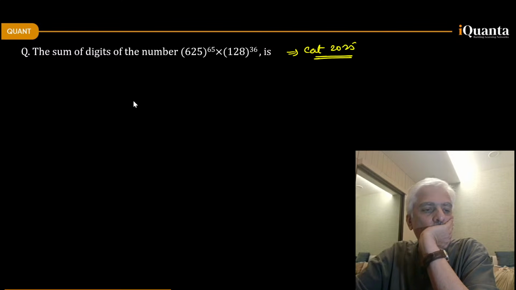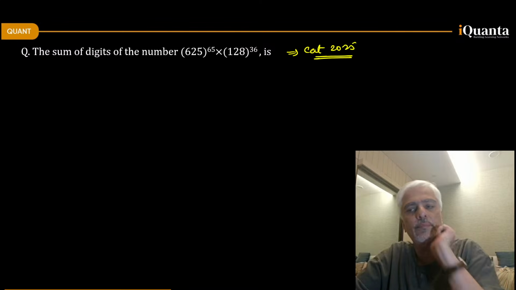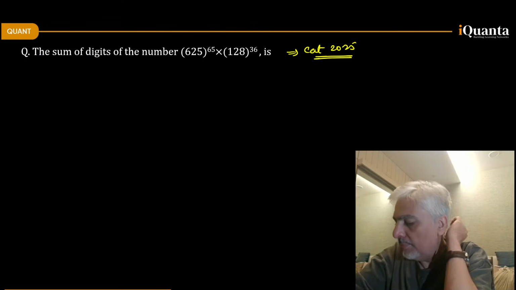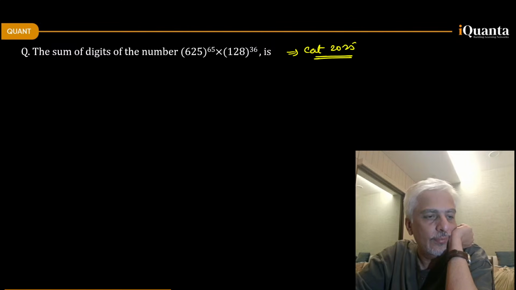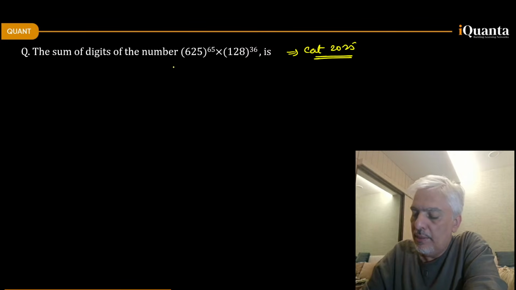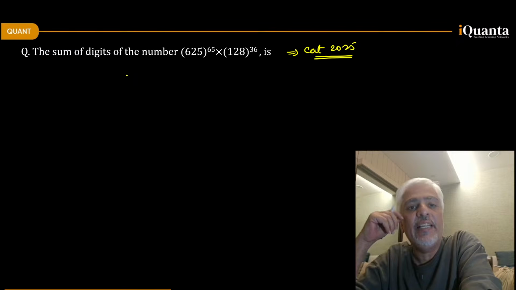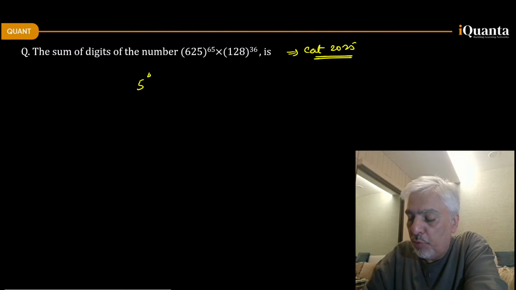Good, Suki again. 625 is 5 raised to 4. This is 5 raised to 4 raised to 65. 128 is 2 raised to 7 raised to 36.